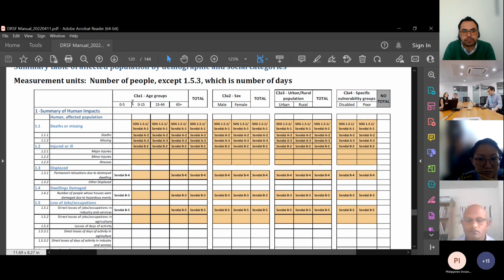So this is briefly the two tables that Sri Lanka and Hakan, on behalf of Turkey, have been looking at. Now we're going to perhaps hear from both of them in terms of what they found.